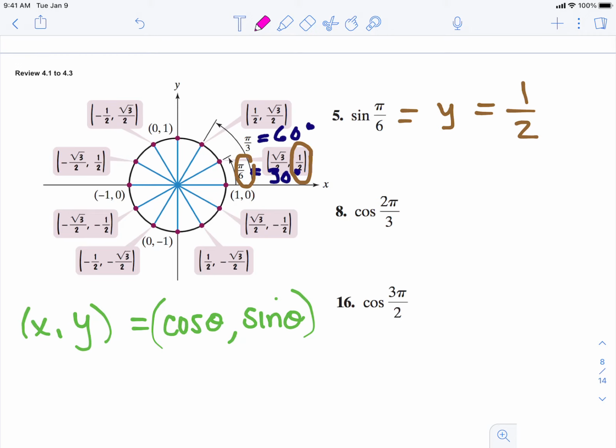The cosine of 2 pi over 3 is going to be your x. So you go and find 2 pi over 3, which is this. Then you look for the x, and that's negative 1/2.